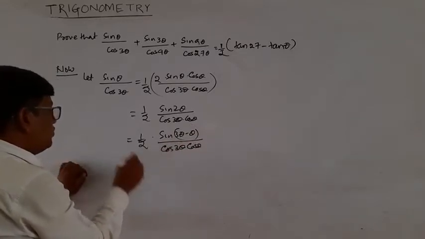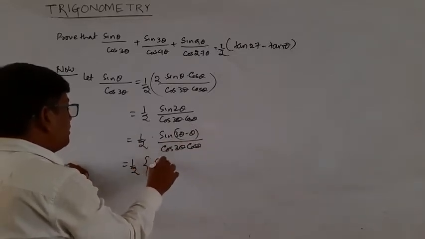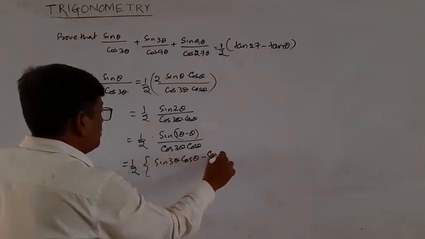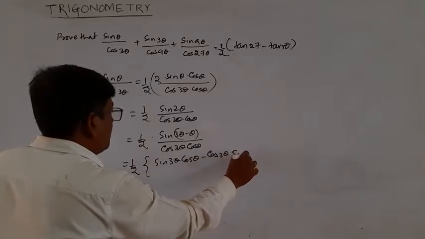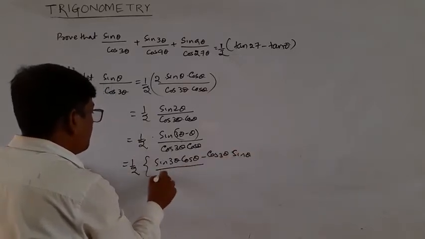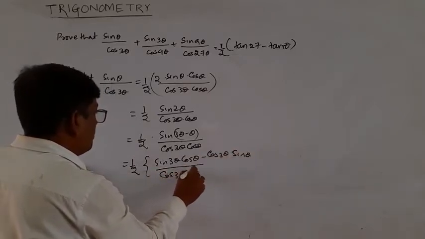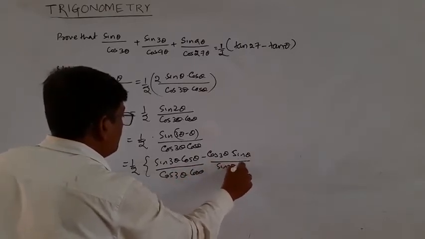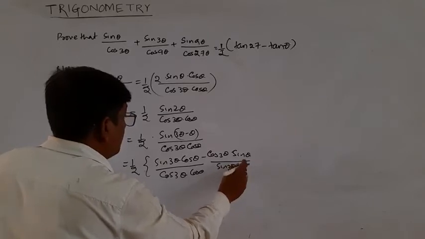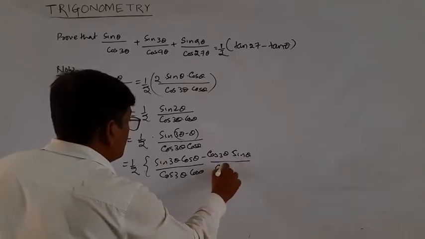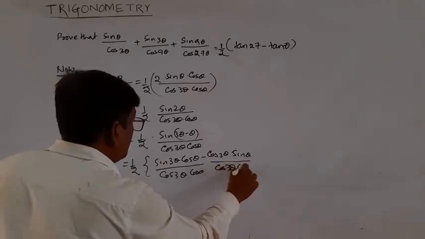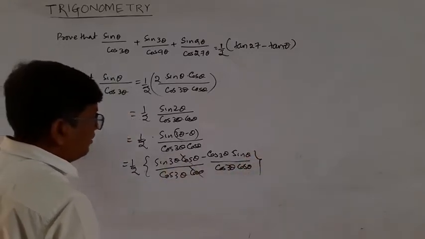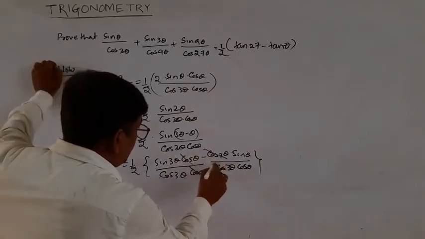That is equal to 1 by 2 sin 3 theta cos theta minus cos 3 theta into sin theta divided by cos 3 theta into cos theta. So cos theta cancels.